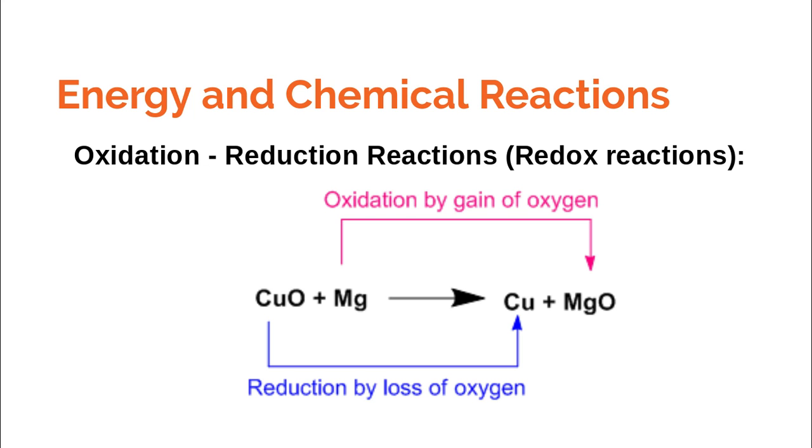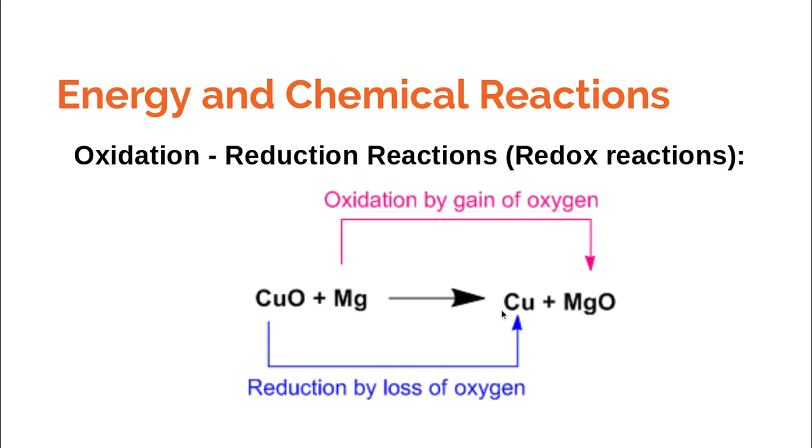So basically in this oxidation reduction reaction, we had a switch. First, magnesium was by itself. Now copper is by itself. And again, copper is now by itself because it gained 2 electrons from magnesium.